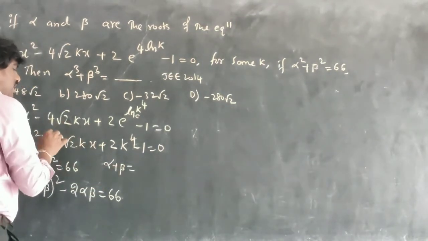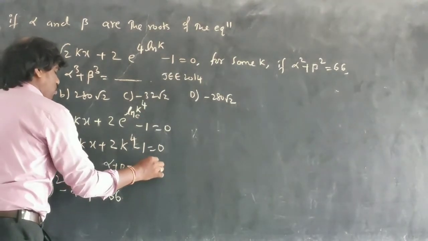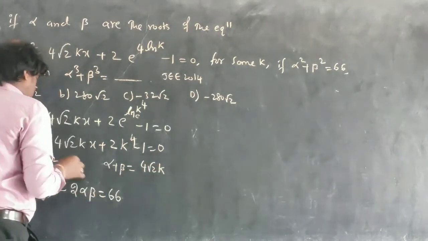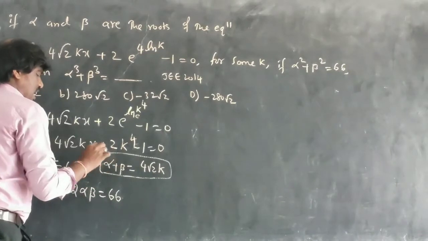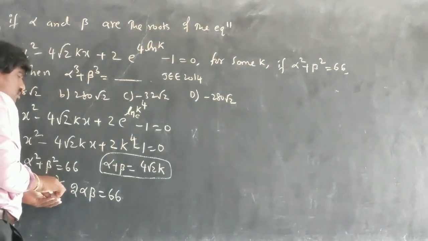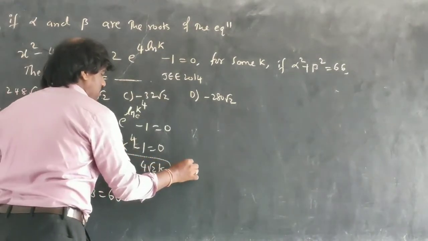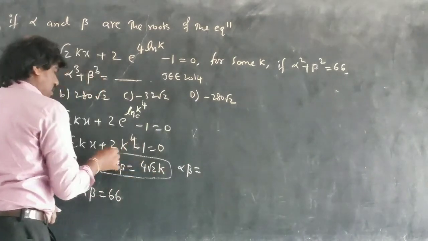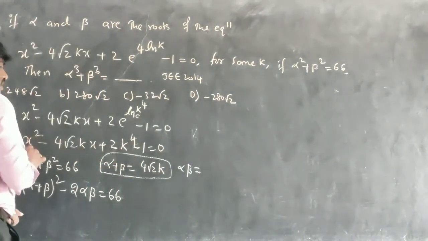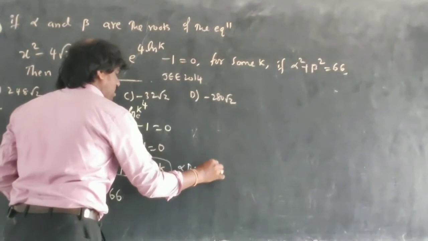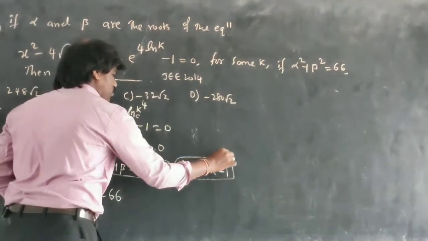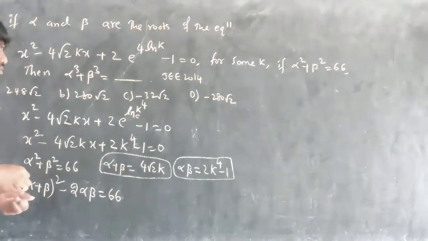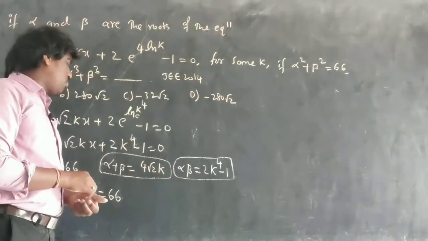This is already minus, so you get 4 root 2k divided by 1. That is the sum of the roots. Now the product of the roots, alpha into beta, is c by a, that is this part divided by 1, which is 2k raised to the power of 4 minus 1. You got the sum of the roots and the product of the roots, both you have.